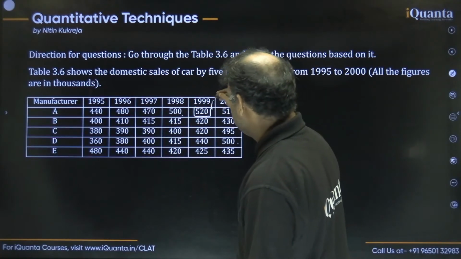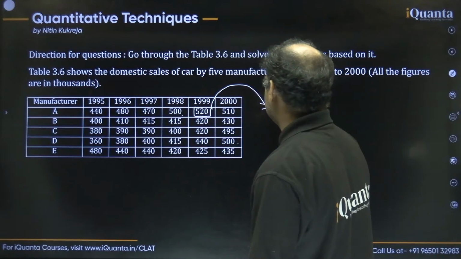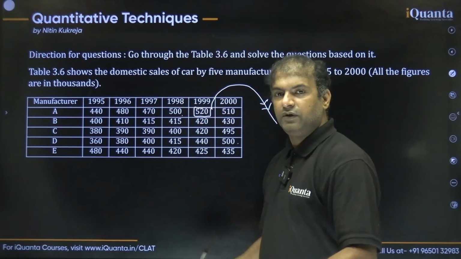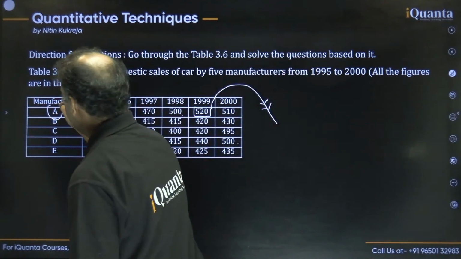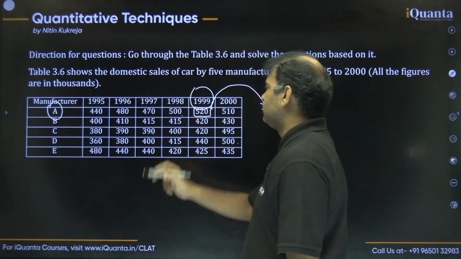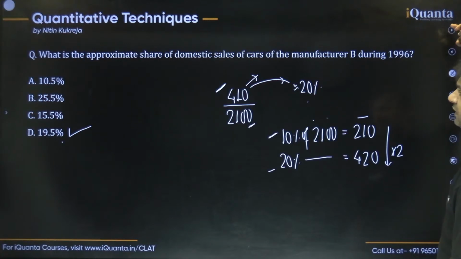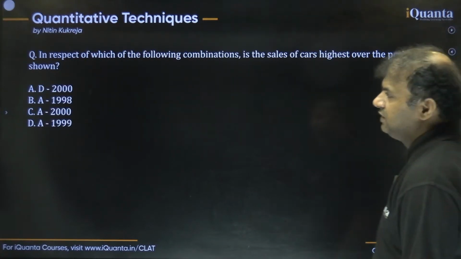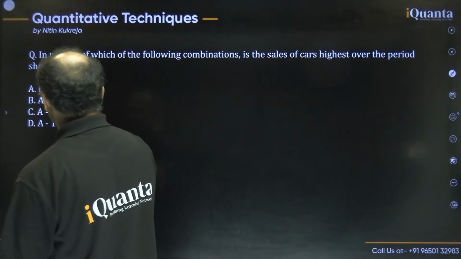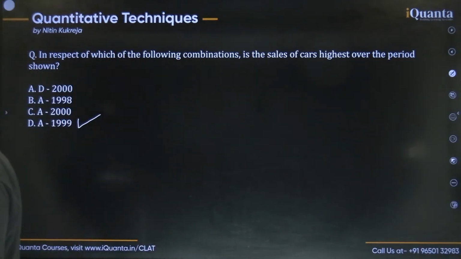So by far we can say this manufacturer has the highest sale. Which manufacturer? Manufacturer A, and which year? 1999. So manufacturer A in year 1999 is having the highest sales, and the answer has to be option D. Very easy question, isn't it?